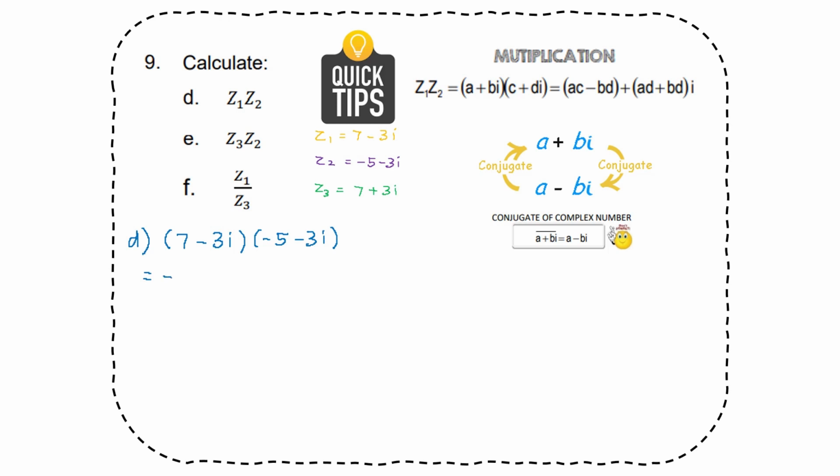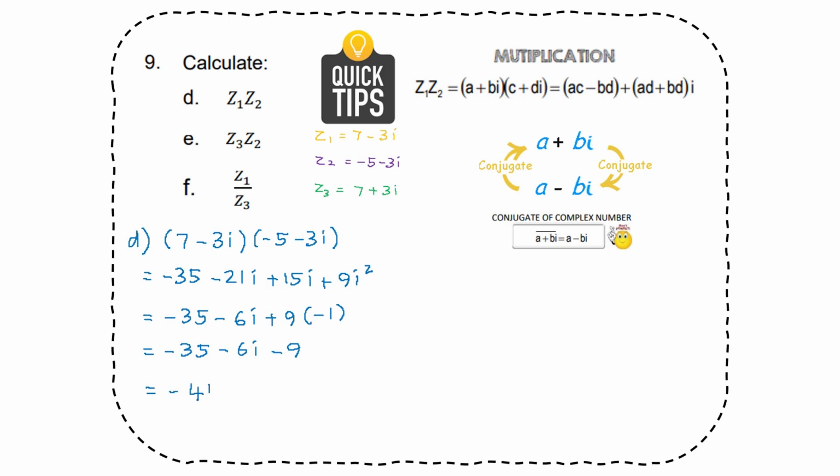So we have now negative 35 minus 21i plus 15i plus 9i squared equal negative 35 minus 6i plus 9 times by negative 1, and it will be negative 35 minus 6i minus 9, and your last answer will be negative 44 minus 6i.